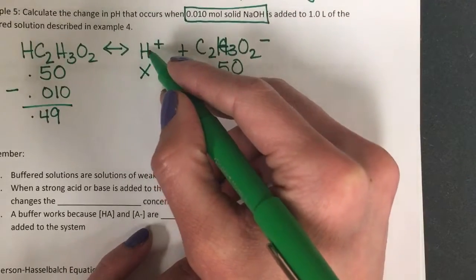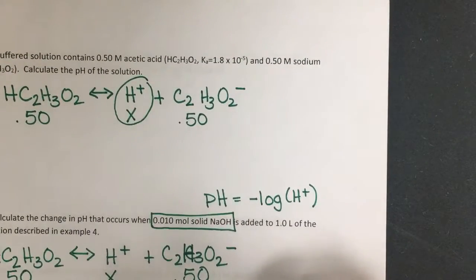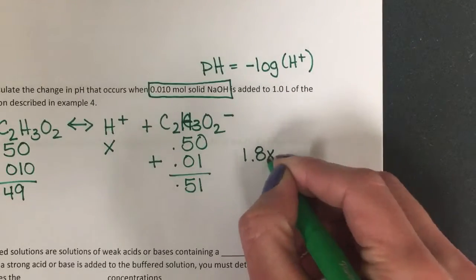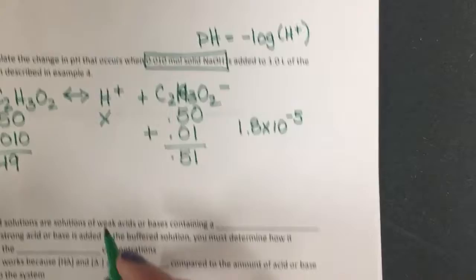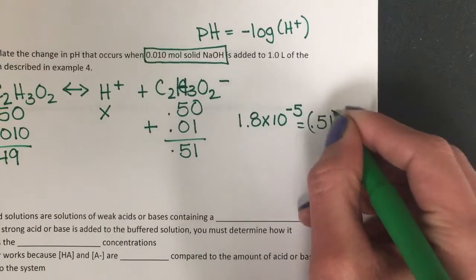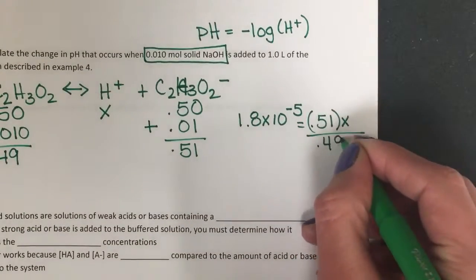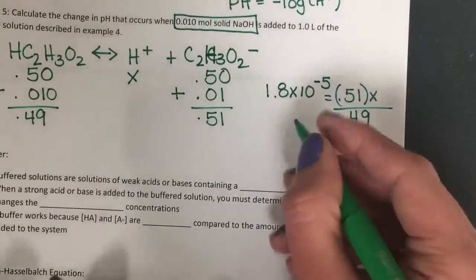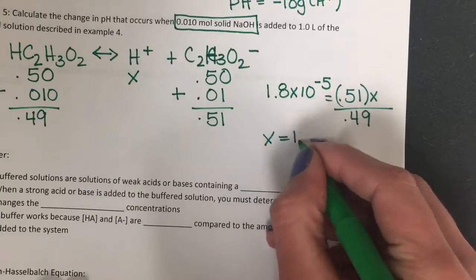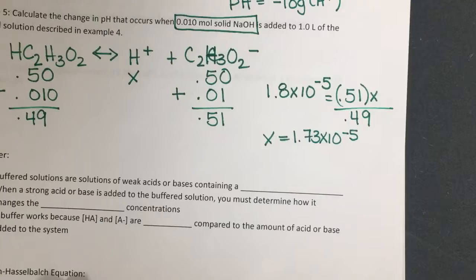So I'm going to solve for H+. They told me my Ka is 1.8 times 10 to the negative fifth. This time I have 0.51 times x divided by 0.49. If I solve for x, I get that x is 1.73 times 10 to the negative fifth.